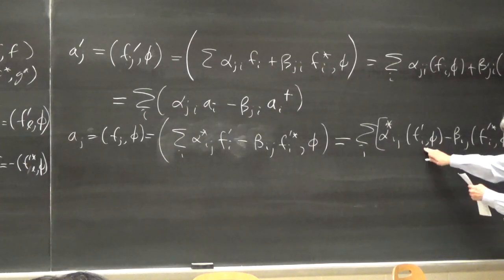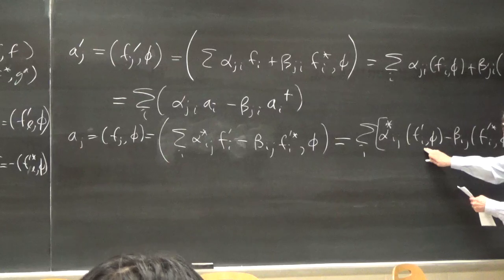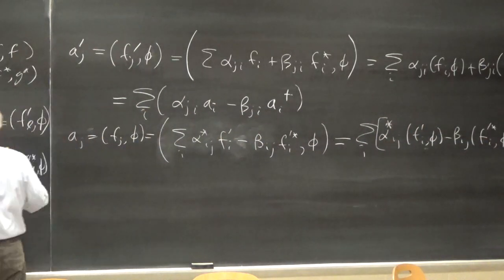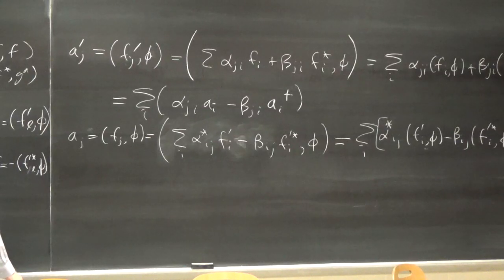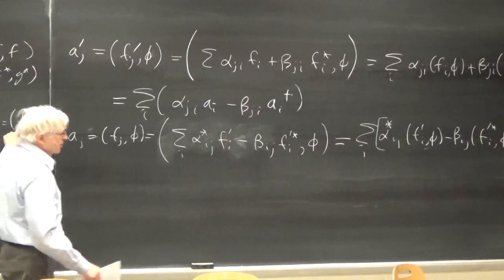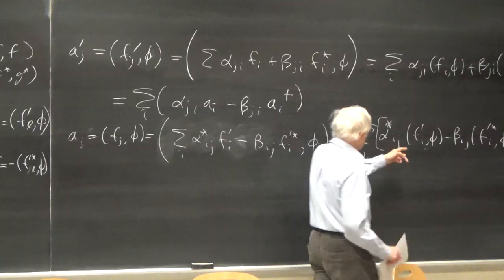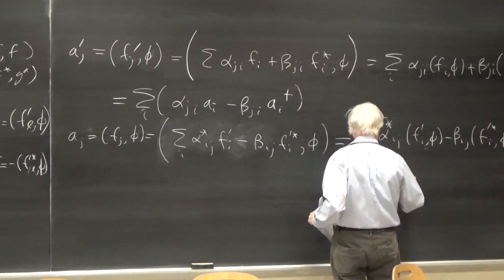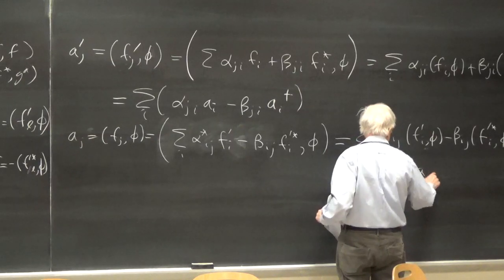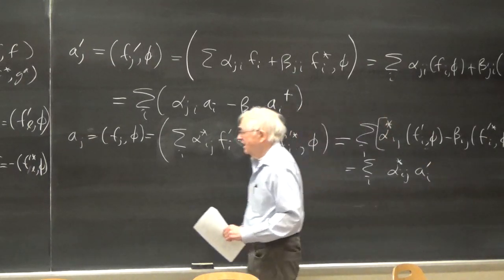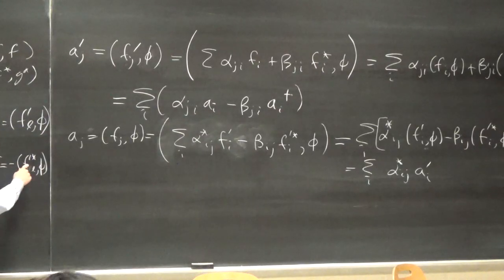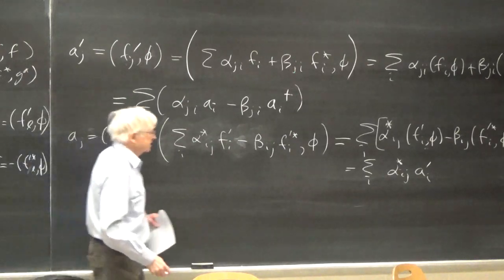And these coefficients are the formulas for the annihilation operator. The annihilation operator in the prime basis is the inner product of primed f with phi. So this is the sum on i, alpha star ij, a_i prime. And then the creation operator is minus f prime star inner product with the field.